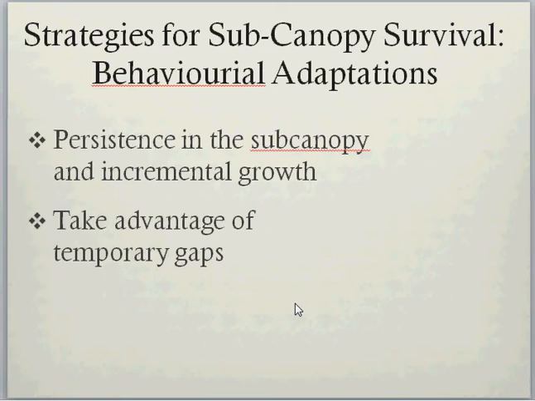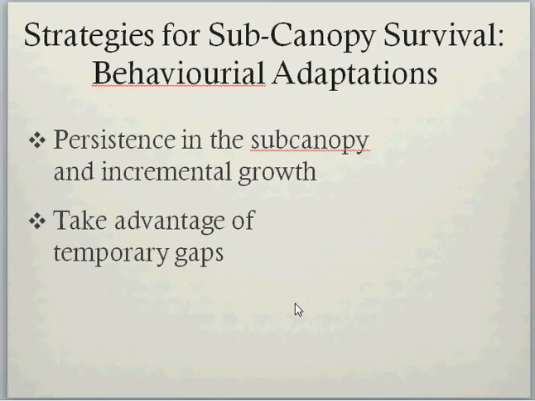They will be able to take advantage of sunflecks. The larger their photosynthetic area gets, the more sunflecks they will have access to, because they'll cover more area, and they will be able to take advantage of temporary gaps or small gaps in the canopy when a branch falls off a tree, for instance, and they will be able to grow.